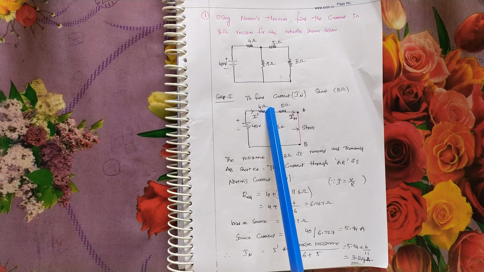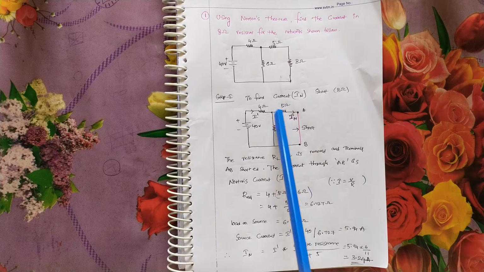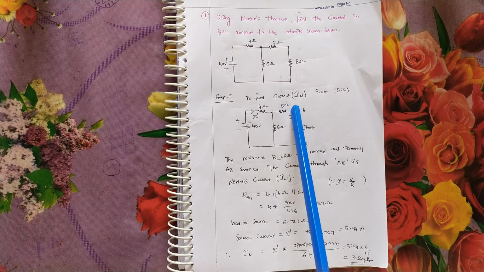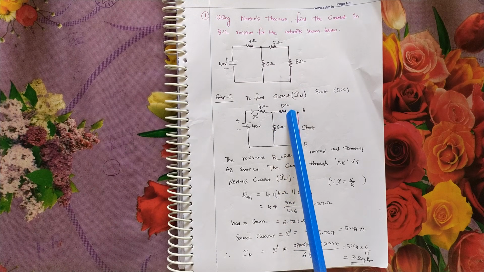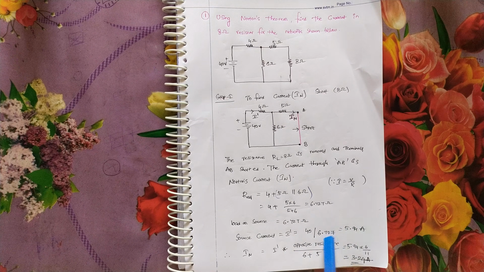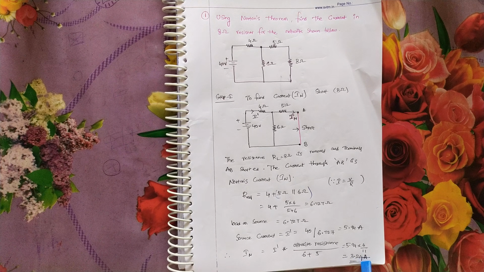Suppose I is entering here, after that it is dividing. For the 5 ohms resistance, the opposite is 6 ohm. That gives 3.24 amperes.